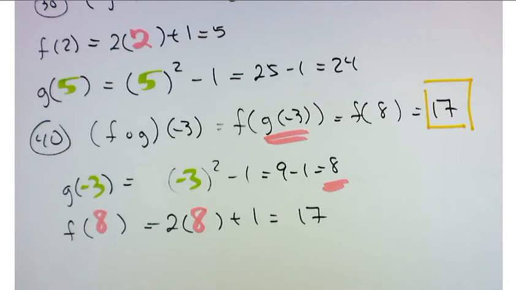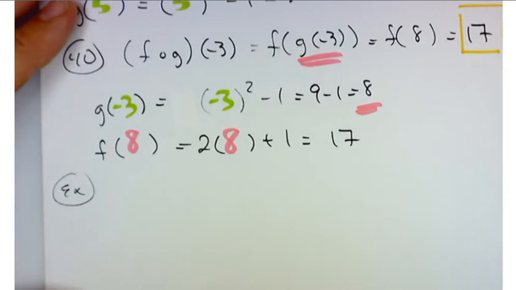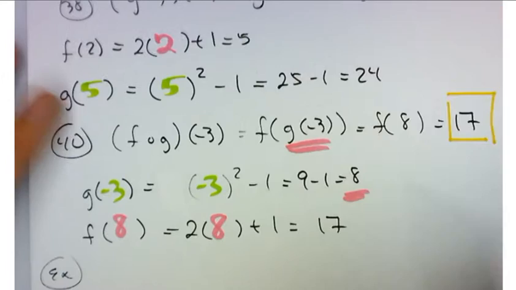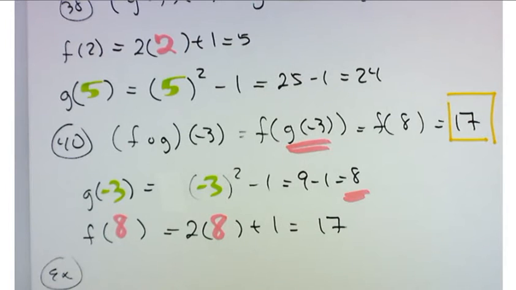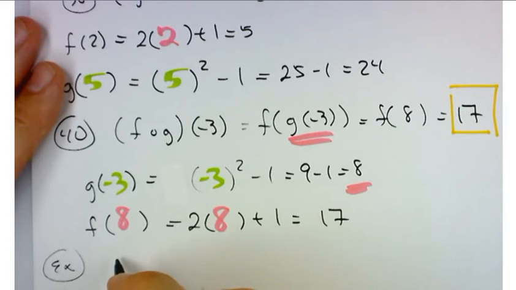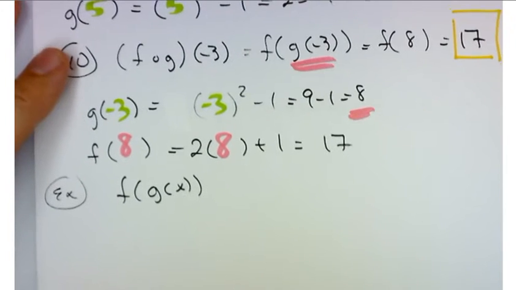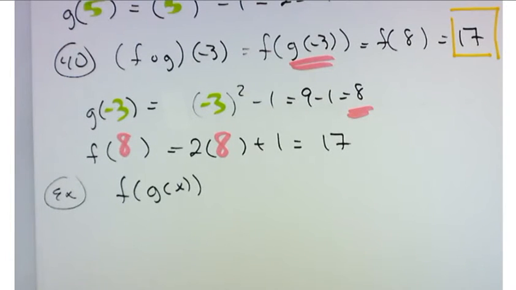Let me give you a problem before we do problem number 44. We're going to continue working with the same two functions. Are you okay with these first two, 38 and 40? So let's try and find f of g of x. Now what's different about this one as opposed to our last couple?